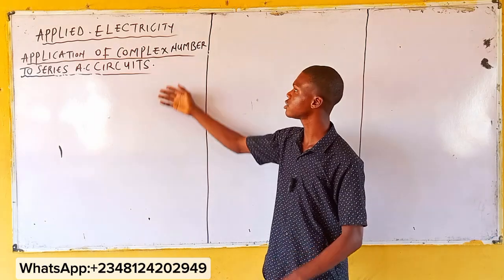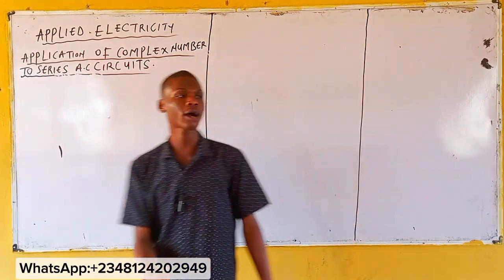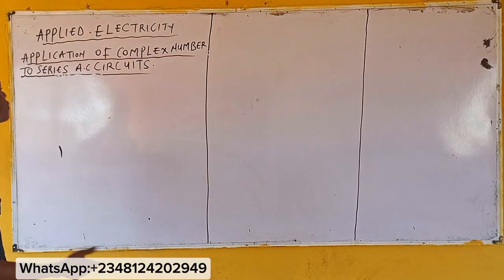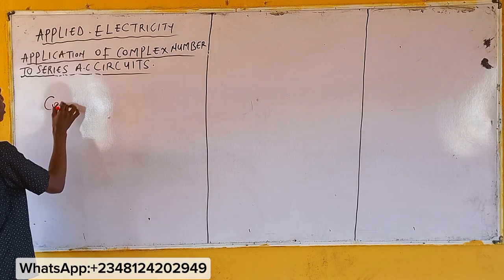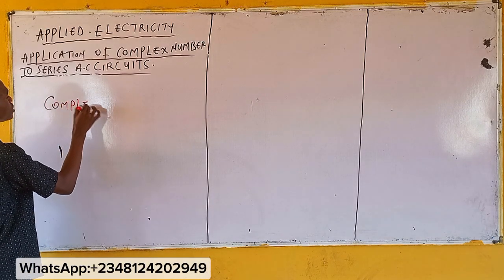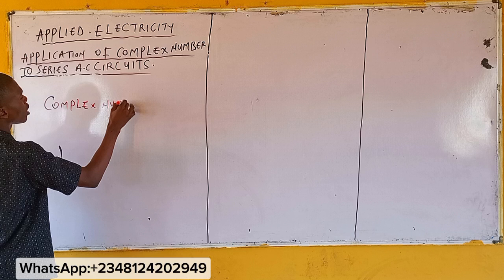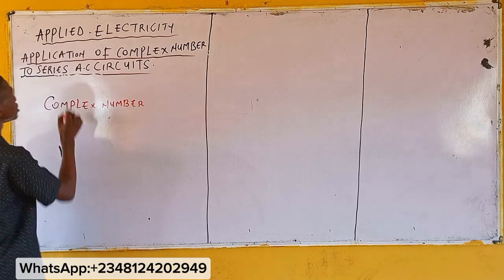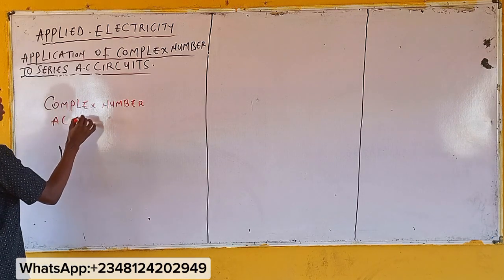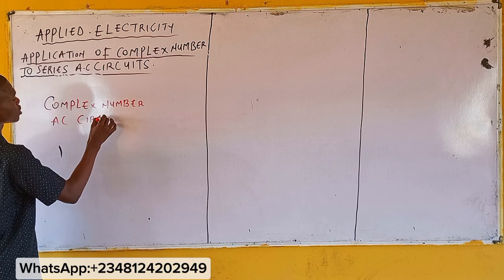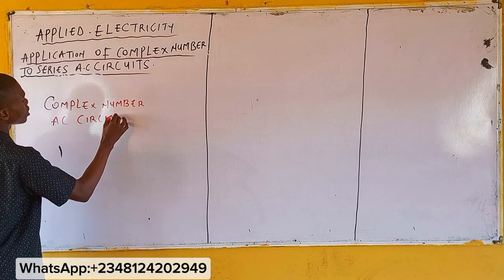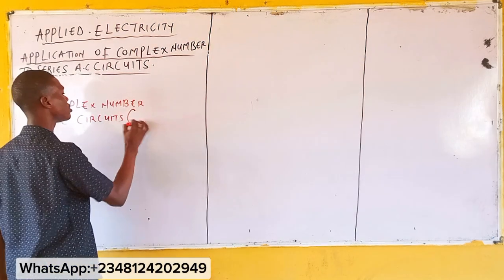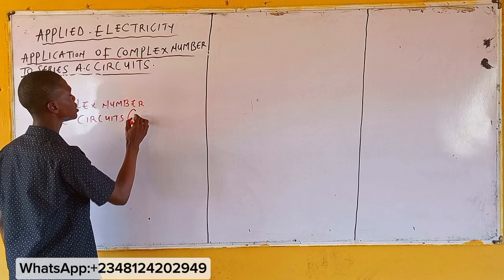Now, from here, looking at this subtopic, you will see that we have a combination of two topics, right? The first one is complex number, while the second one is AC circuit. Not just AC circuit, but series AC circuit, right?